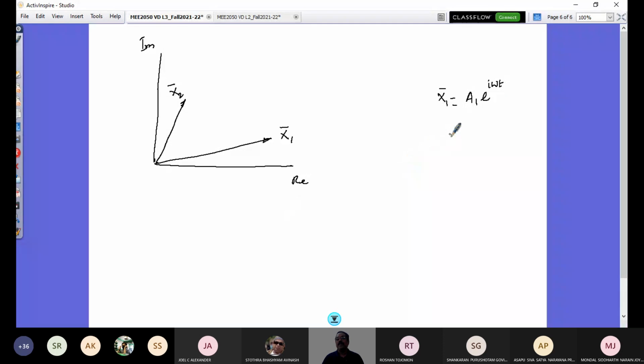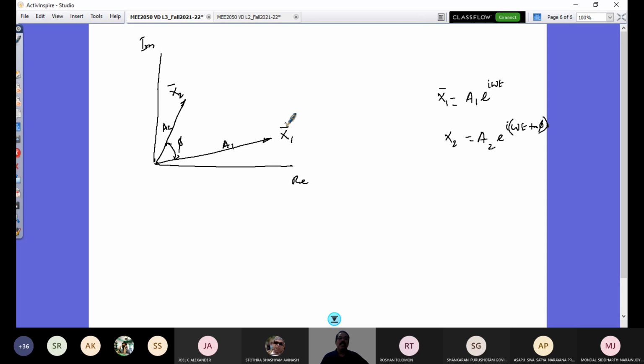The x2 vector I can rewrite as a2 e raised to i omega t plus phi. So when I write omega t plus phi, what is this angle? It leads by phi angle. So this angle is phi. So the x2 vector is this, its amplitude is a2, and the amplitude of x1 is a1. So the lengths of these vectors are a1 and a2.